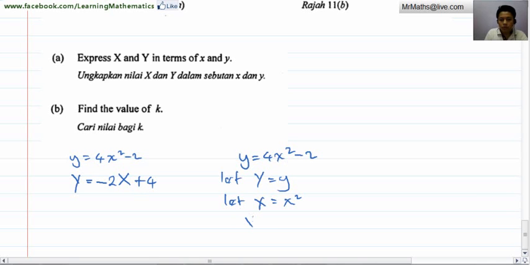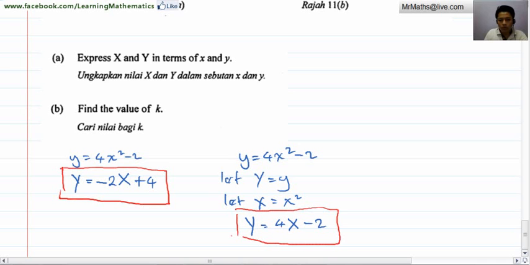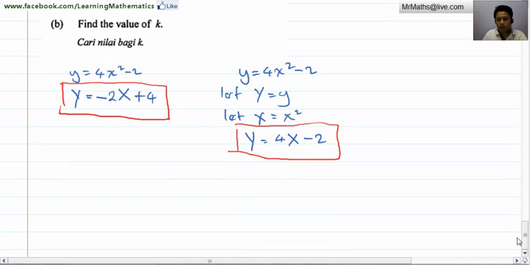It becomes Y equals 4X minus 2. But this is different. Take a look at these two. Notice that even the gradients of these two lines are different. This is 4 and this is minus 2. So how did that happen?